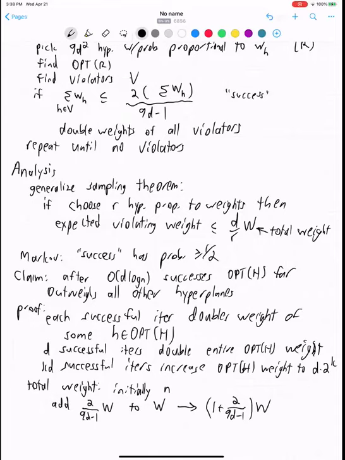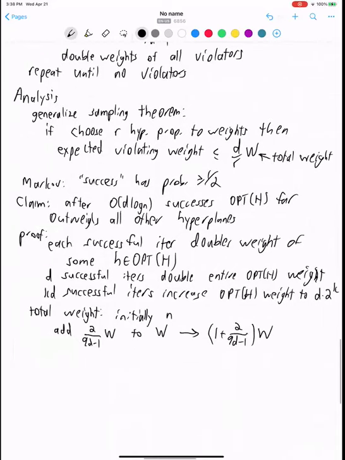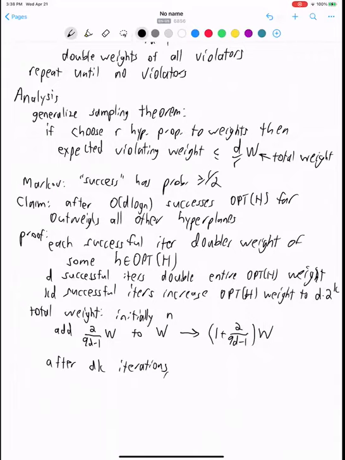So after dk iterations, this weight is at most 1 plus 2 over 9d minus 1, raised to the dk, times the initial weight of n. This is an upper bound on the total weight.